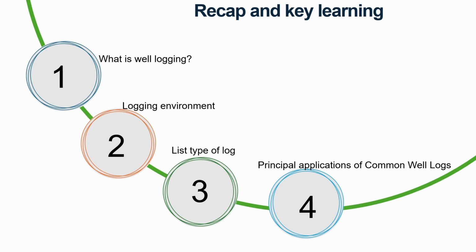Common log types include lithology logs, porosity logs, resistivity logs, and specialized logs such as imaging and dip meter. Their main applications are lithology identification, porosity estimation, fluid detection, formation correlation, net pay definition, and reservoir characterization. This slide is the backbone summary of the whole week.